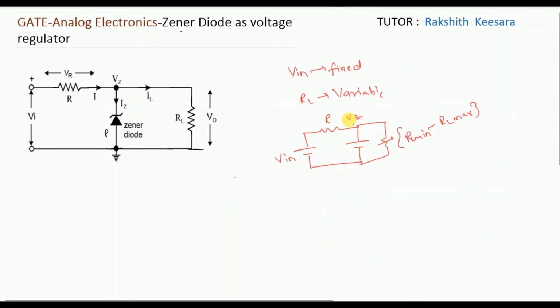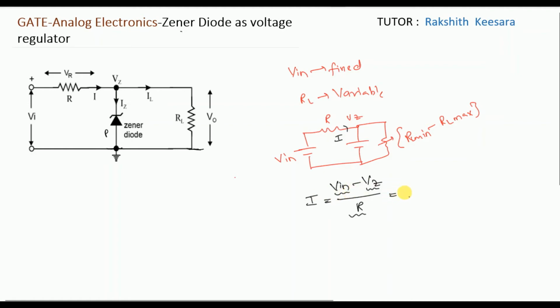So in this case, input voltage is fixed and load resistance is variable. So I am considering the load resistance from RL minimum to RL maximum. Now we will analyze this circuit. What will be the equation of the current I? I equal to V input minus Vz by R. If you observe here friends, R is constant, Vz is constant, V input is also constant.